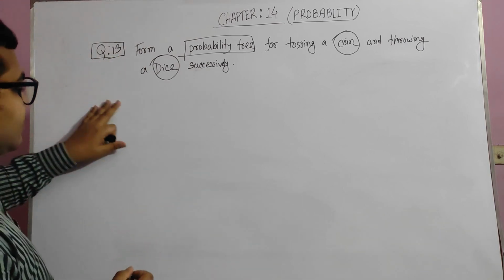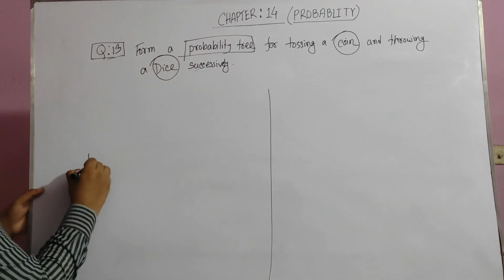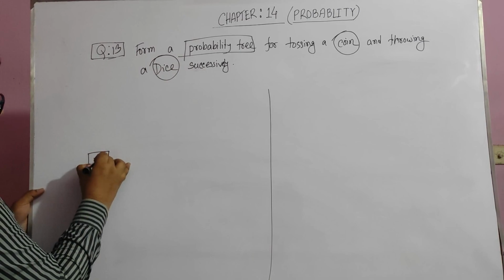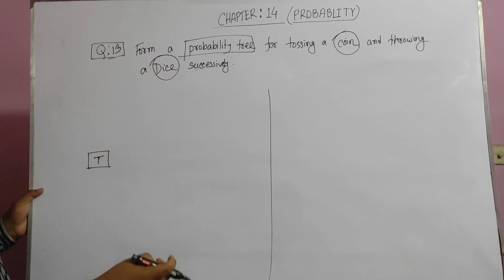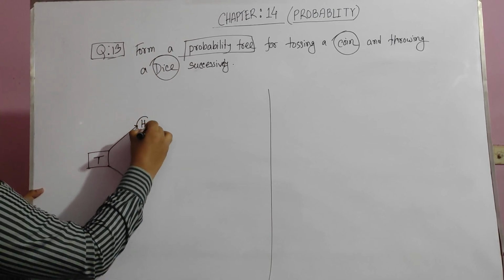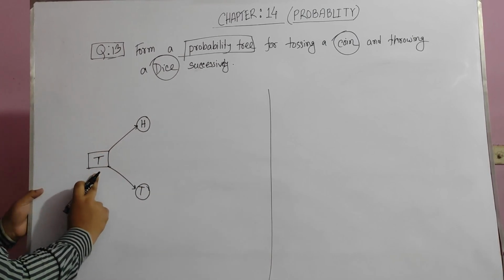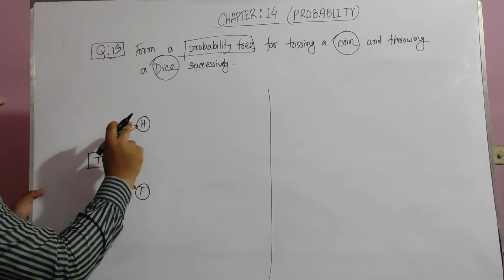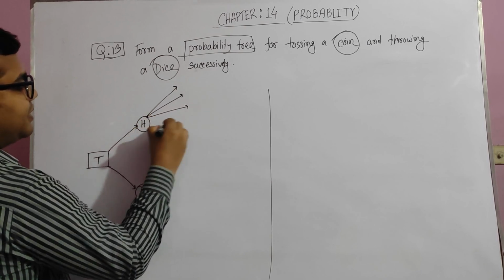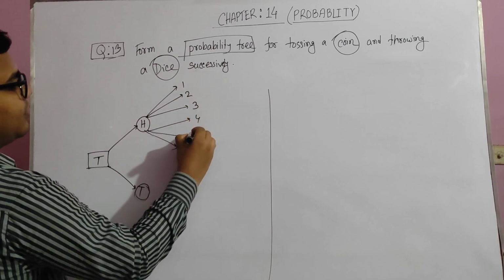How? It can be solved in 2 ways. The first way is, suppose a coin or toss has been flipped 1 time. The toss has 2 sides, one is head and the other side is tail. In the case of head, the dice can give 6 outcomes, that is 1 2 3 4 5 6.